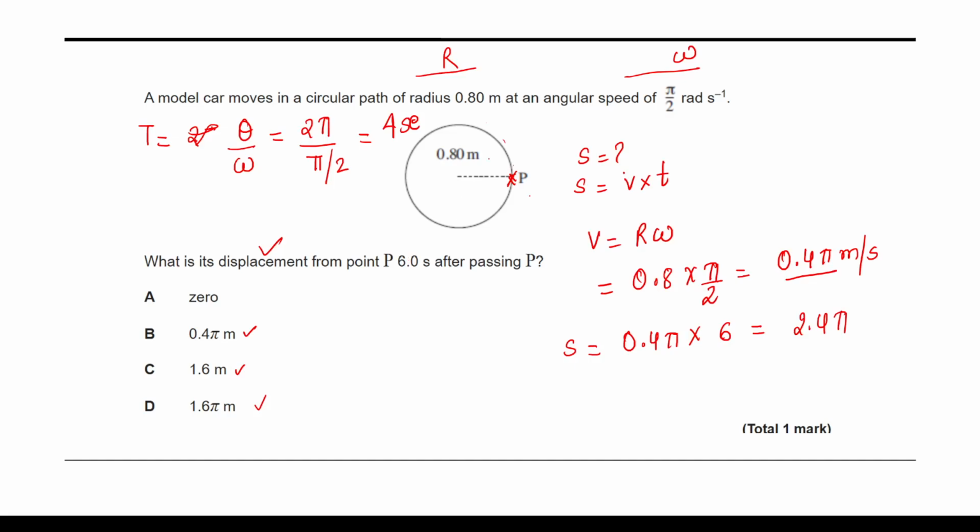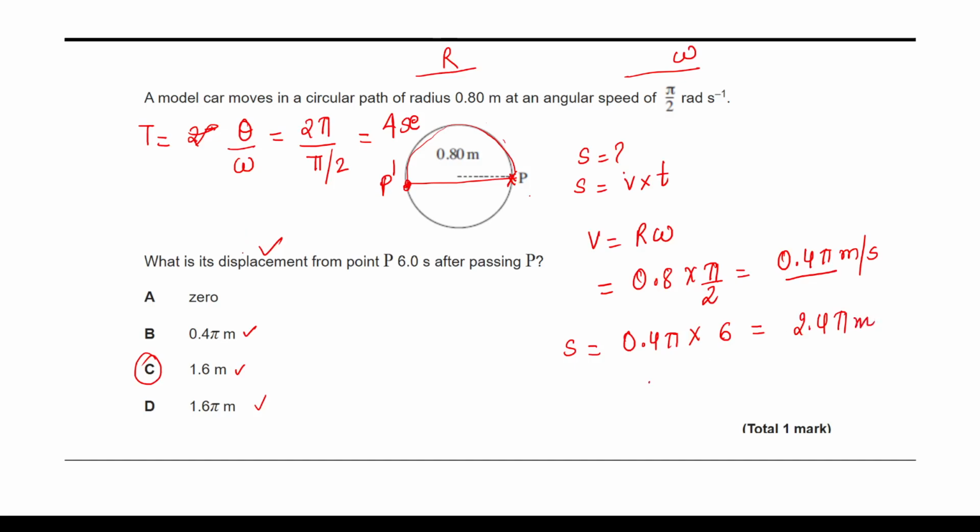So in 6 seconds, that is 2 more seconds, it's going to come exactly to this position. And this position, P dash, is at what distance from P? 1.6. So the displacement is 1.6 meters. You need to figure out what it is asking. If they ask you for the distance, then this is the method you use.